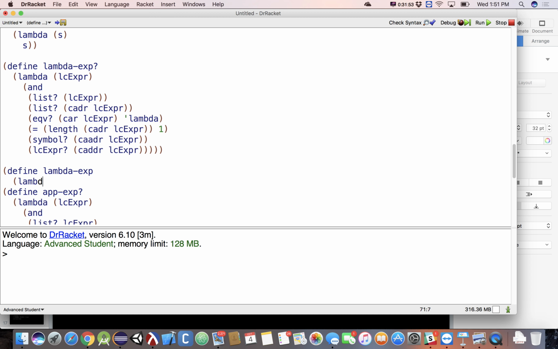So we're going to have a lambda that's going to take in an identifier. We'll call that a simple S. And it's also going to take in a lambda calculus expression. And what are we going to do? We're going to build a list out of the word lambda, a list out of our S, and our lambda calculus expression. So this is our parameter list right here. This is the body of the expression, and it starts off with the word lambda.